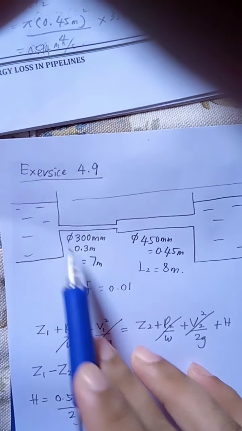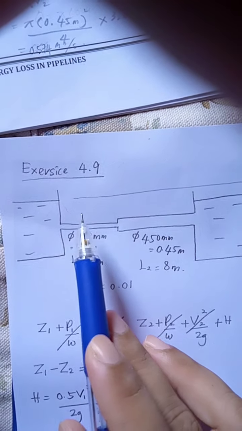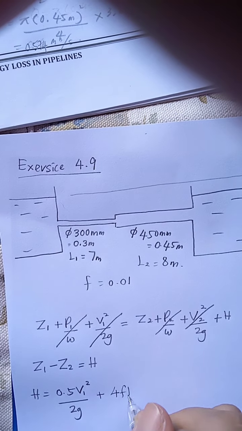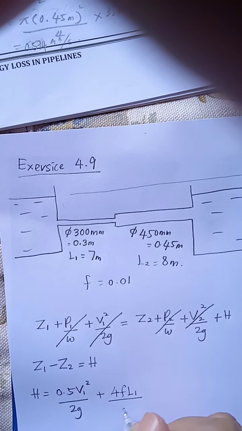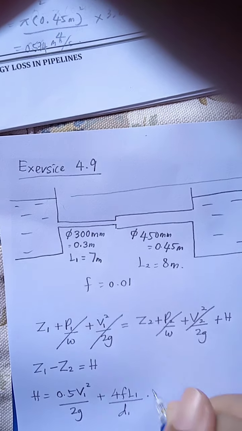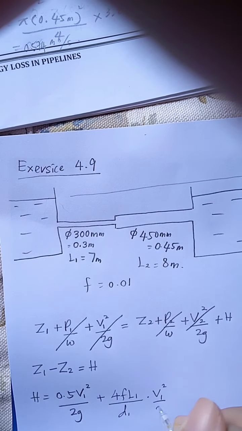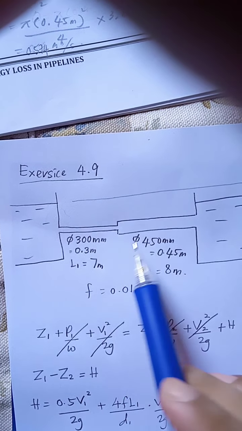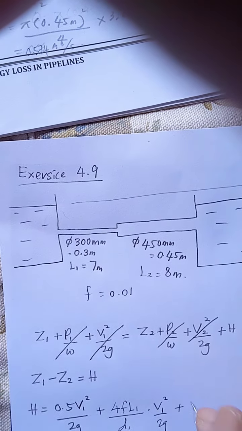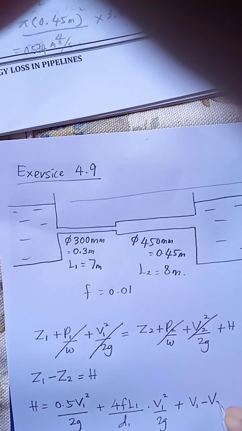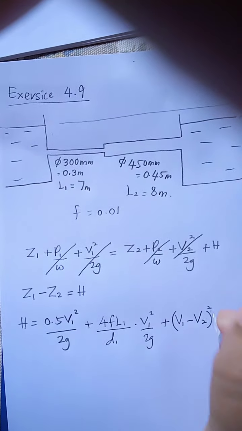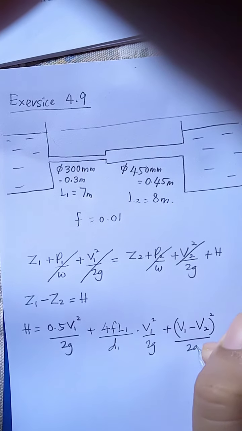Second one is friction in pipe 1, equal to 4 f L1 divided by D1 times V1 squared over 2g. Plus sudden enlargement, so V1 minus V2 squared over 2g.